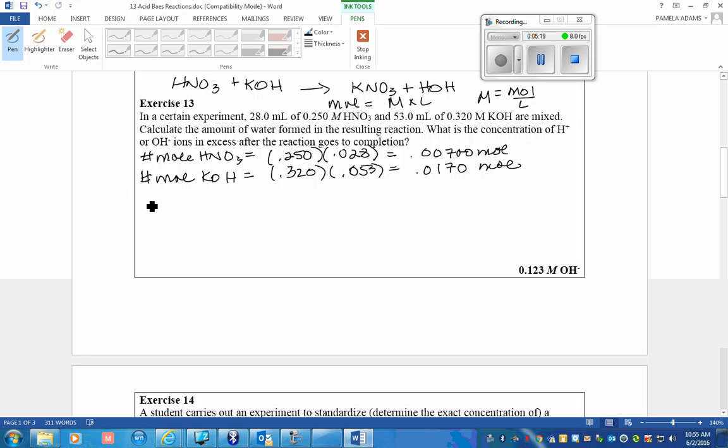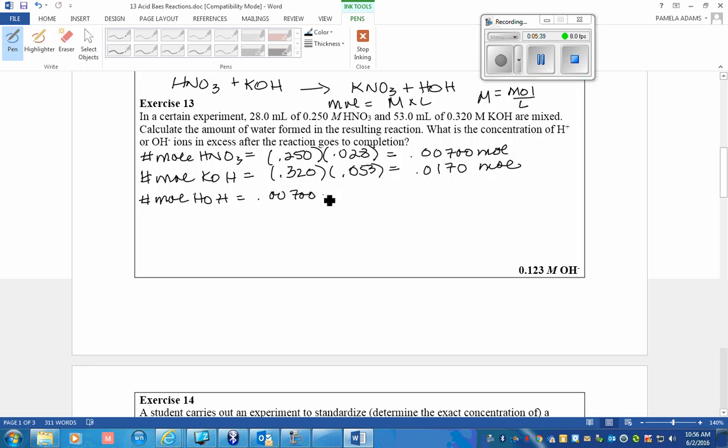To find the limiting reactant, I will find the number of moles of water that each makes, and that will tell me the one that runs out first. The one that makes the fewest number of moles is the limiting reactant.